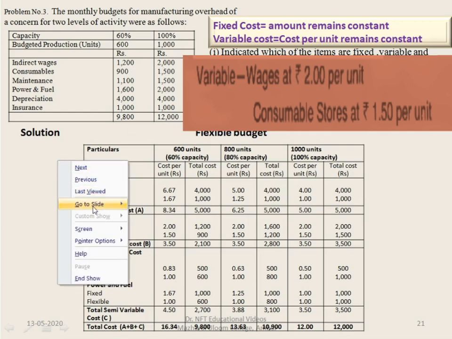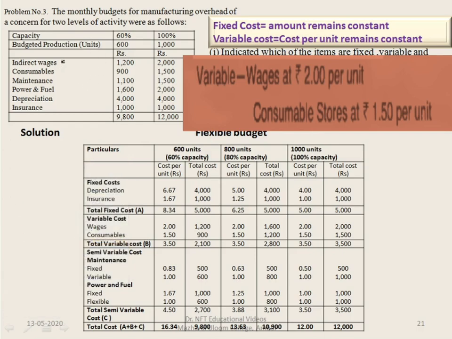Again 2000 divided by 1000 will also give you rupees 2. So the indirect wages cost is rupees 2 per unit.